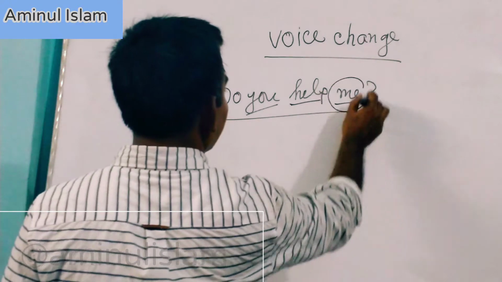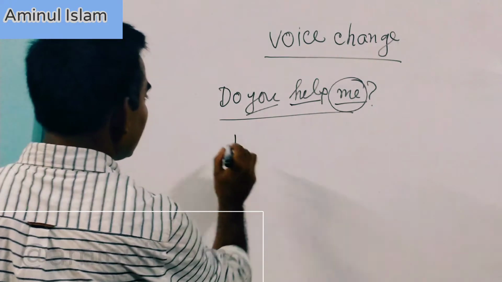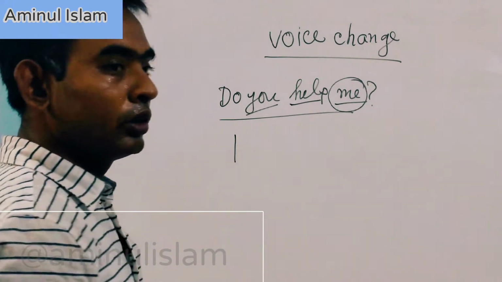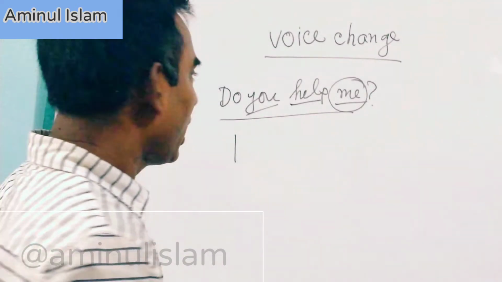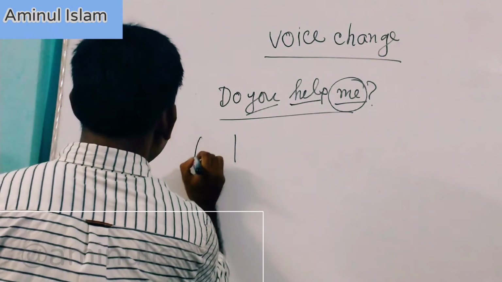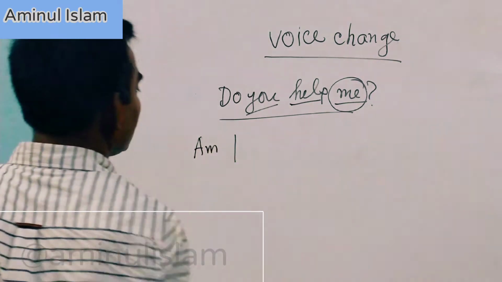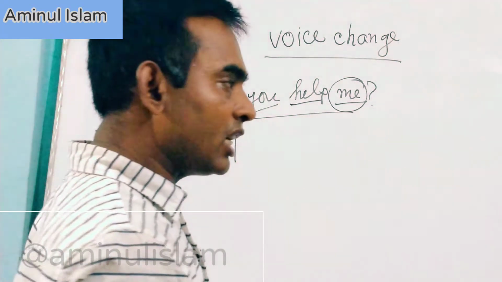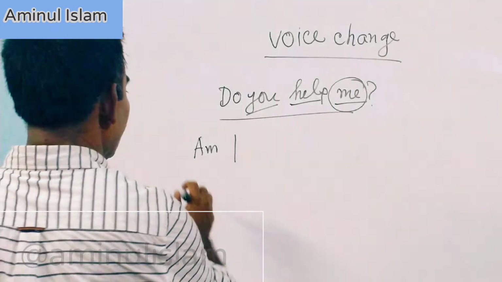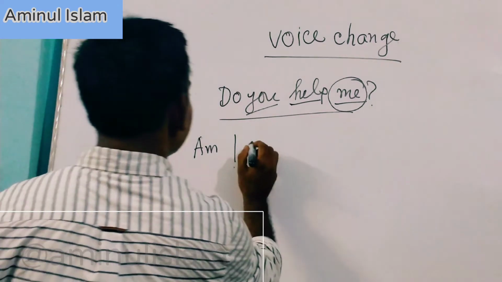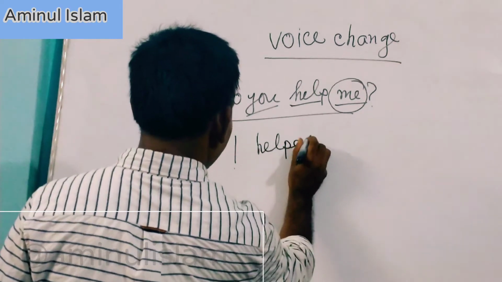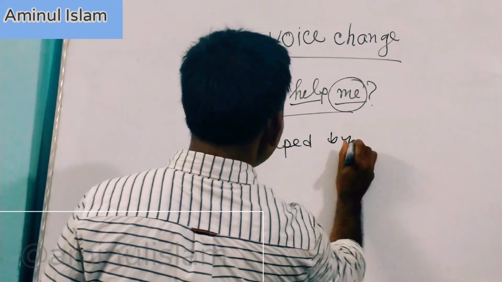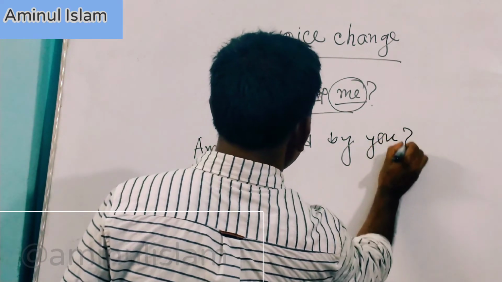Me, I. What kind of auxiliary verb is placed after I? Am. That is why am goes before the subject, as it is an interrogative sentence. Am I helped by you?